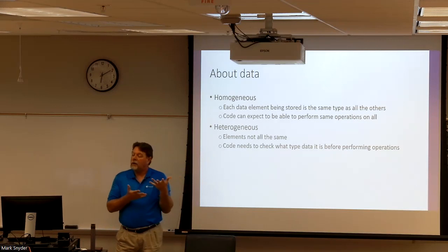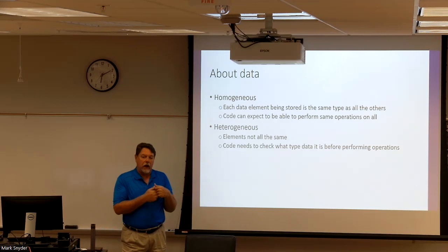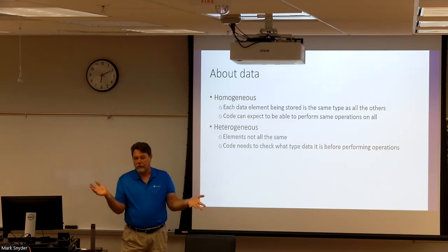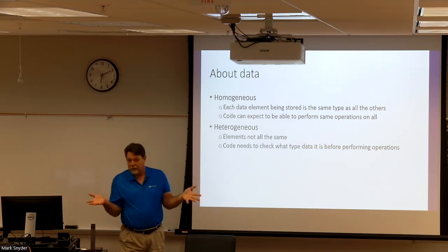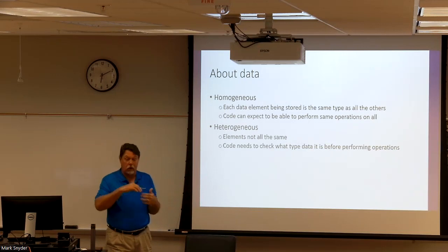But in Python, you're not expected to adhere to that. You can have a couple of ints, then a couple of strings, then a float, then another string. You can mix and match. Python doesn't care. It has a list of things, a list of objects, if you will. And what those objects are, int, string, float, whatever, it could be another list. One of the elements of your list could be a whole other list.